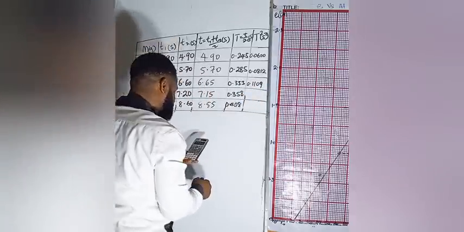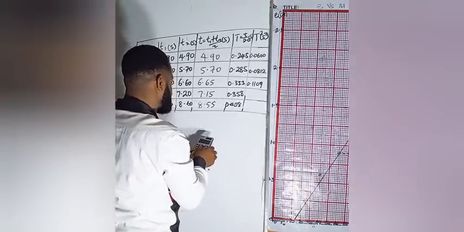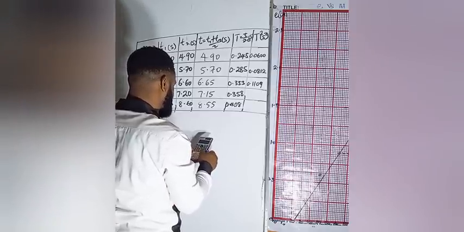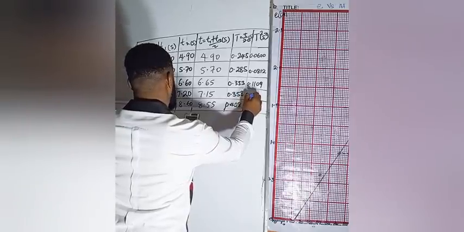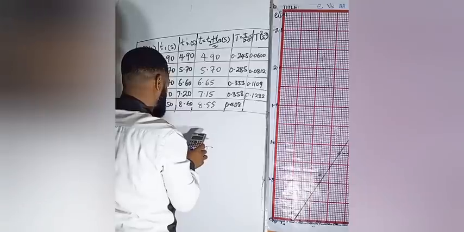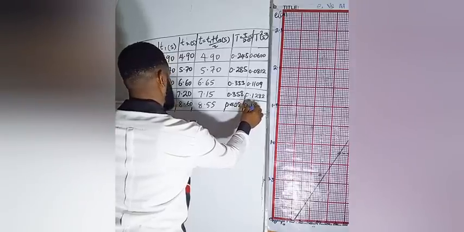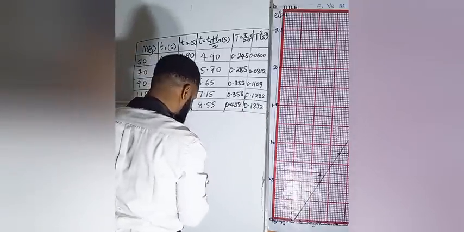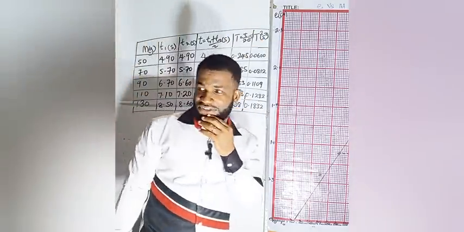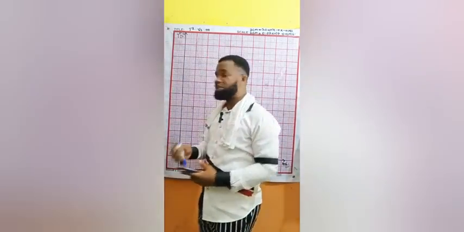Please, let's work together. Then 0.358 squared, 0.1282, 4 decimal places, 0.428 squared, 0.1832. So this is the T squared. Now, according to the question, let's do the graph plotting for the table of values, which is pasted on the screen.